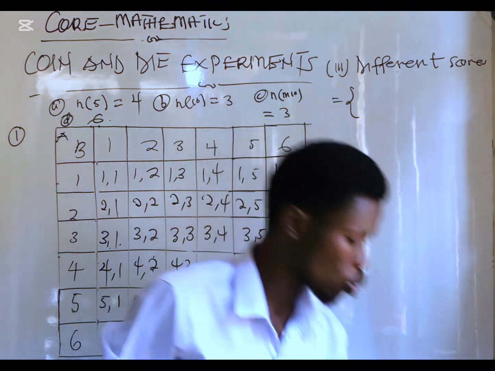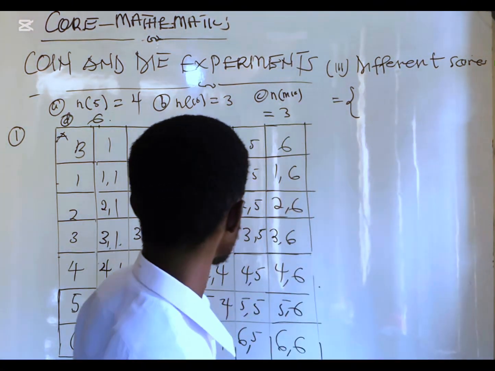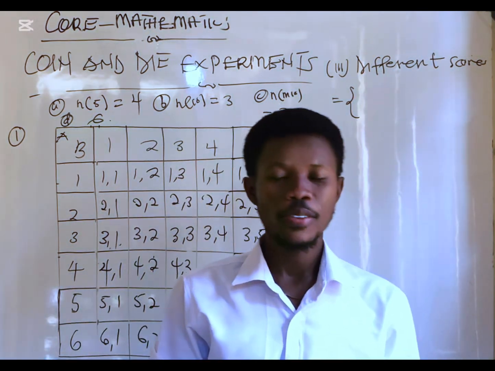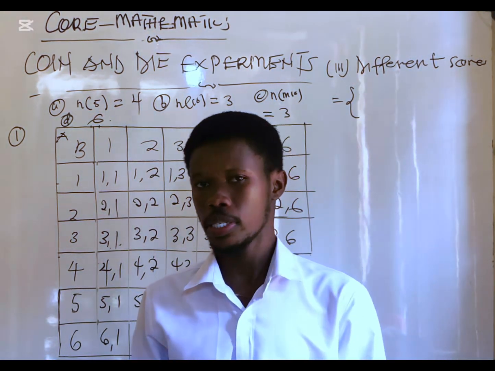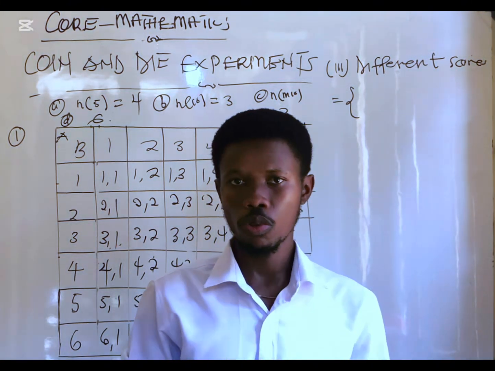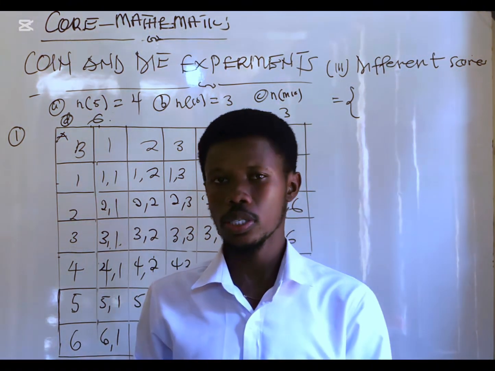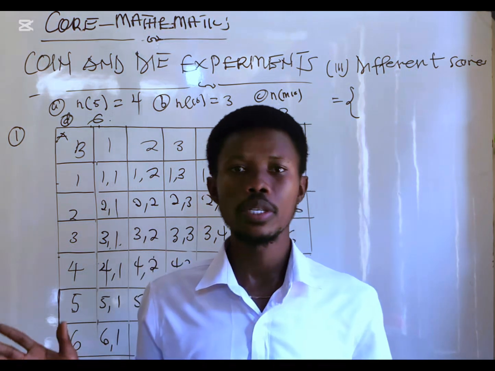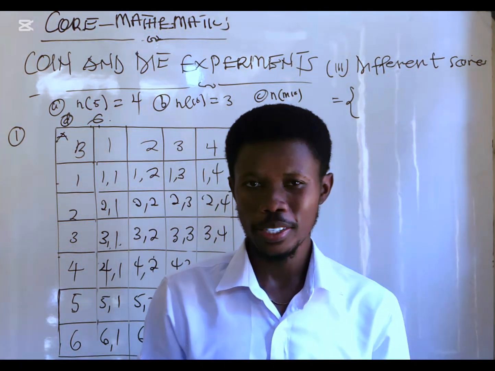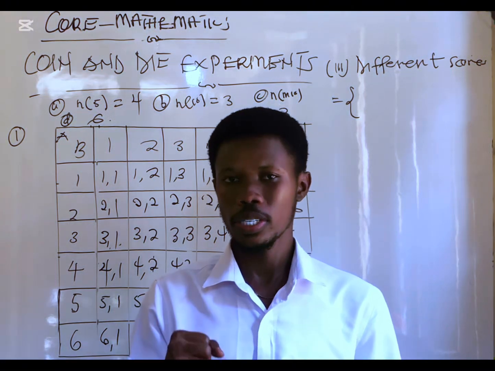So different scores here means that, you see, we have the same scores and we have different scores. The same score is when you get like 1, 1. 2, 2, the same score. 3, 3, 4, 4, 5, 5, 6, 6, the same score. The remaining becomes a different score. Simple as that. So you can decide to list them or you just count them and pick your numbers.